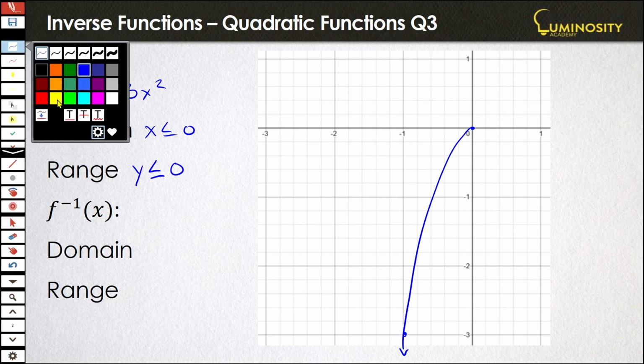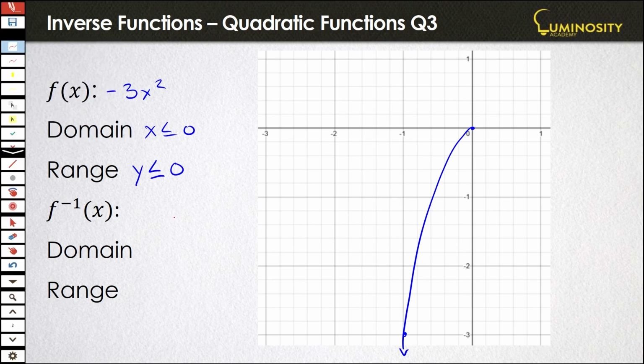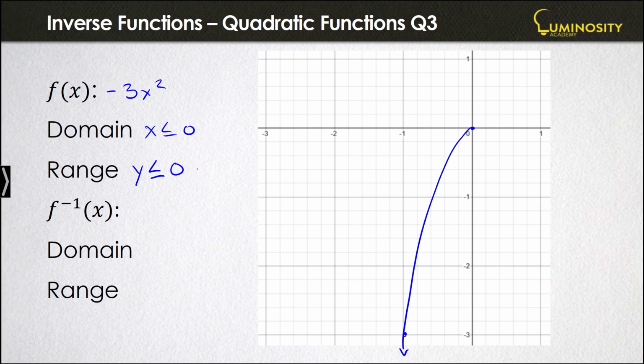So now we want to take a look and see what this does to our inverse function. So if you remember, our domain and range swap. So we can already say that our domain is going to be x is less than or equal to 0, and our y is going to be less than or equal to 0.